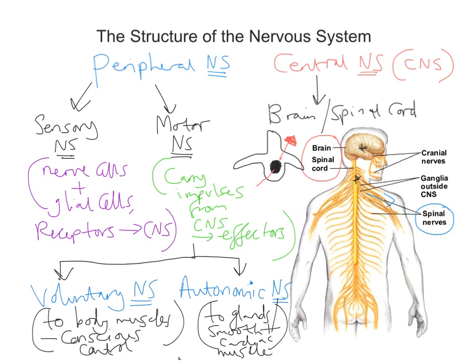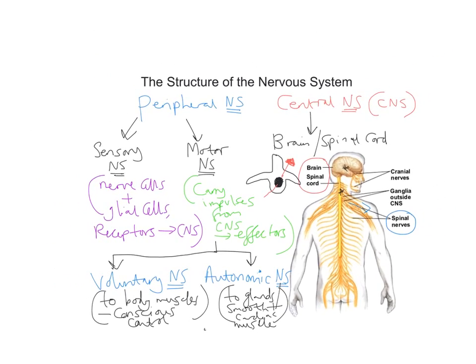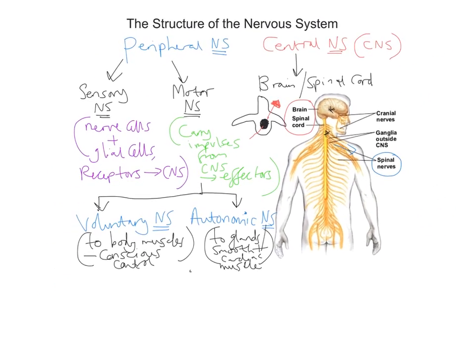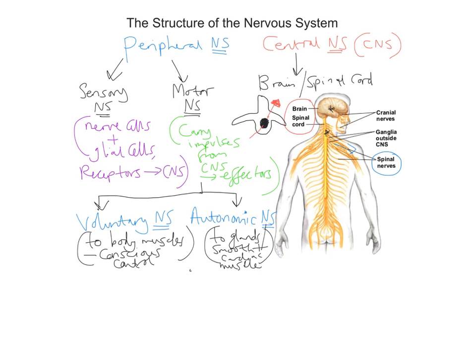Now, it is possible to break that autonomic nervous system down into two more subgroups: the sympathetic nervous system and the parasympathetic nervous system. So if we shrink the screen, I'll just move the screen up just so we can have a little bit more room to write. We're going to finish by breaking down this autonomic nervous system.